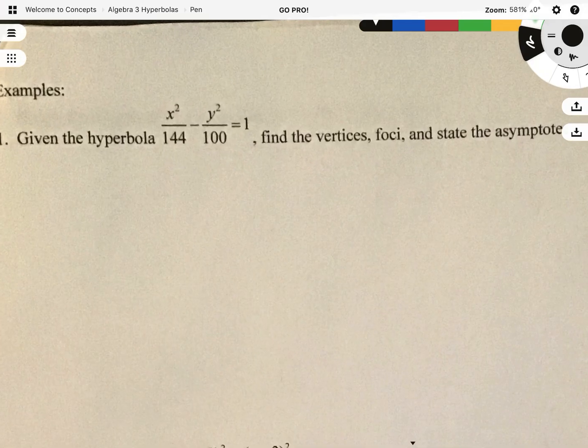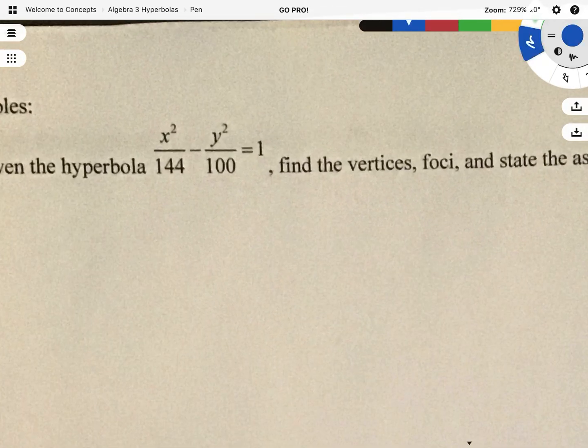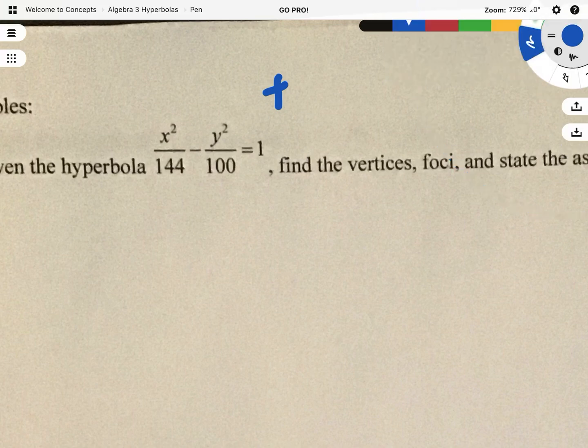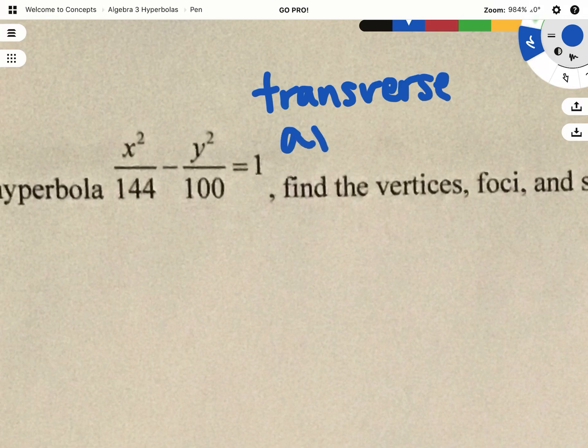Okay, so first thing I notice, it's x squared minus y squared. So that means the transverse axis is on the x.